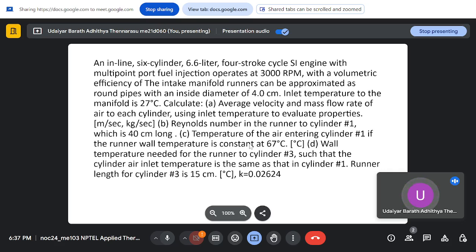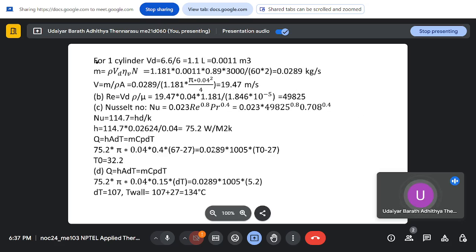The runner wall temperature is constant at 67 degrees Celsius and the temperature of air is 27. So 67 minus 27 is the change in temperature. So 0.0289 into Cp, 1005, into T0 minus 27, which is the inlet temperature. So T0 will be 32.2 degrees.